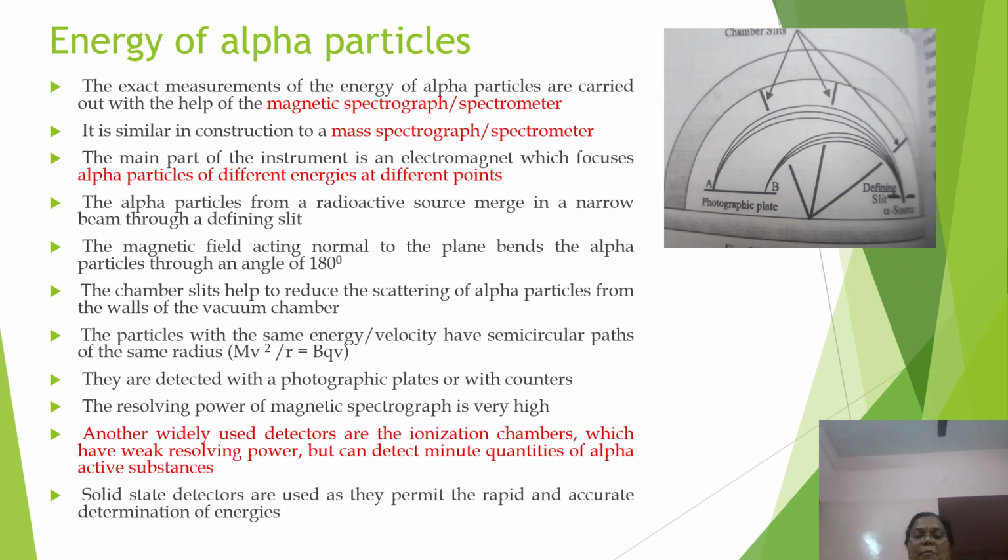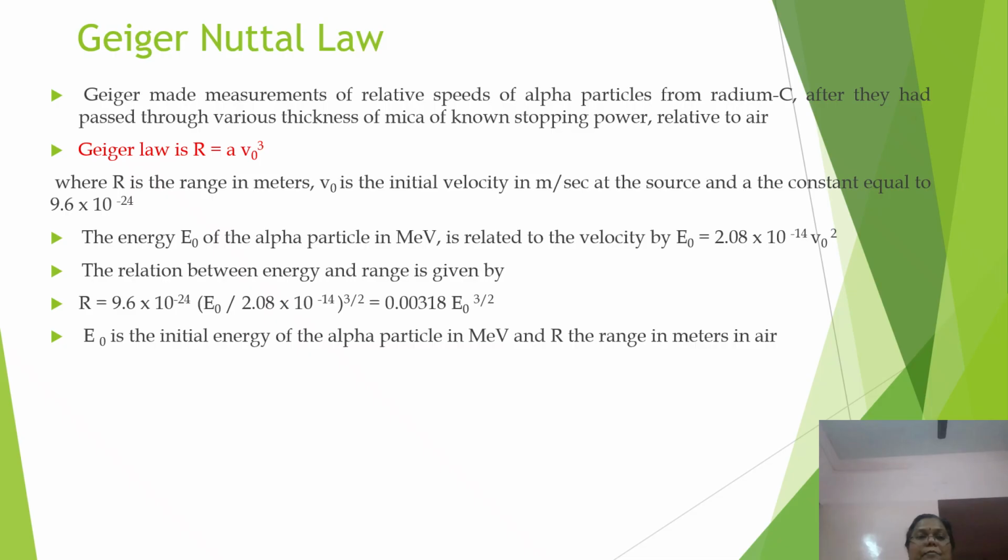Particles with the same energy have semicircular paths of the same radius, which are detected by photographic plates or with counters. The resolving power of the magnetic spectrometer is very high, and you can also use widely used detectors such as ionization chambers, which have very weak resolving power but can detect minute quantities of alpha active substances.